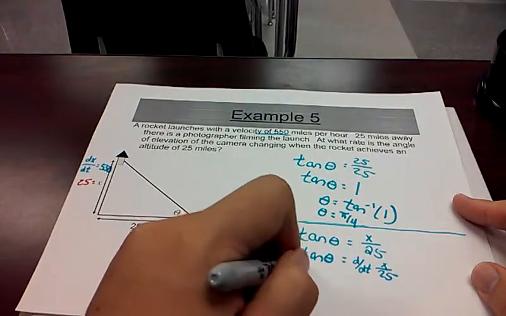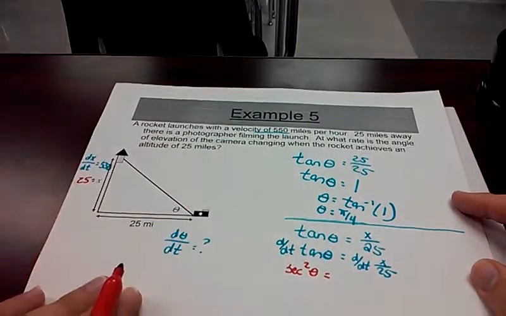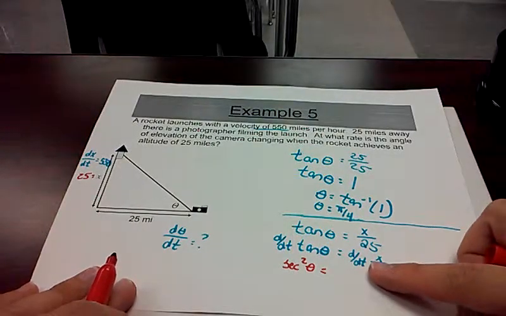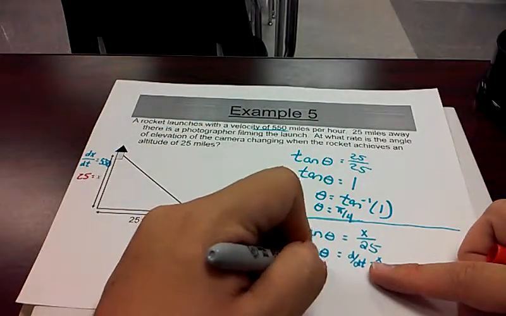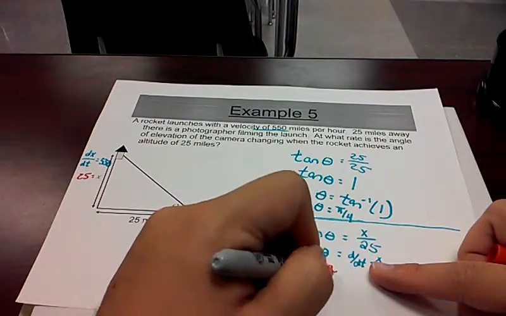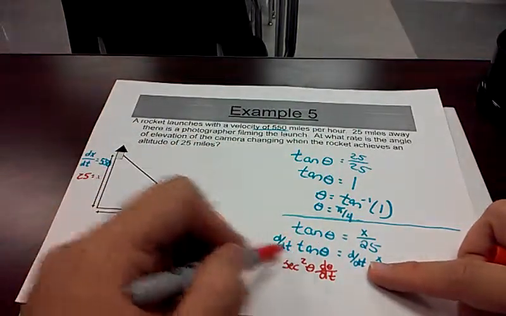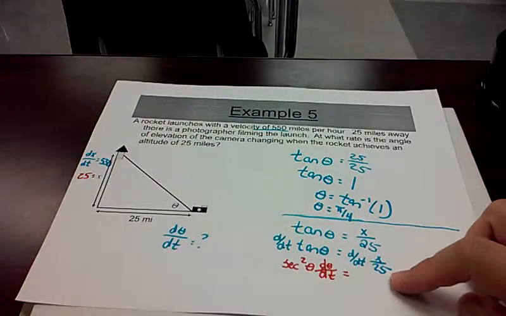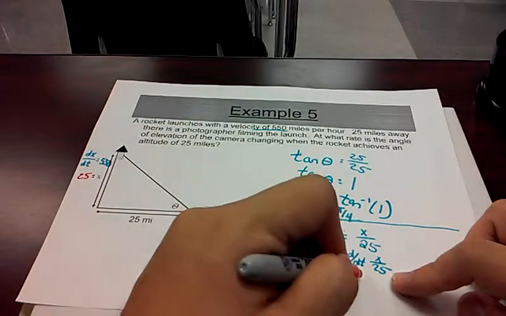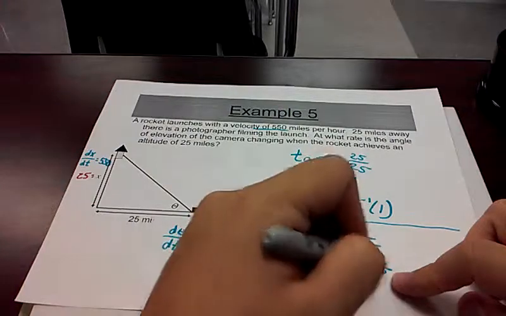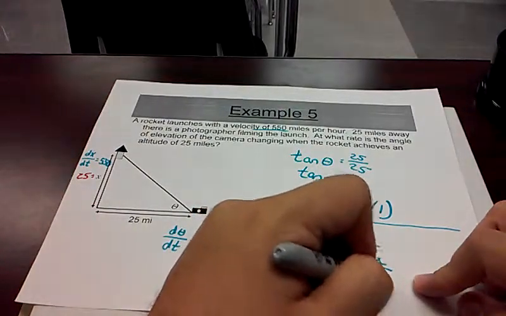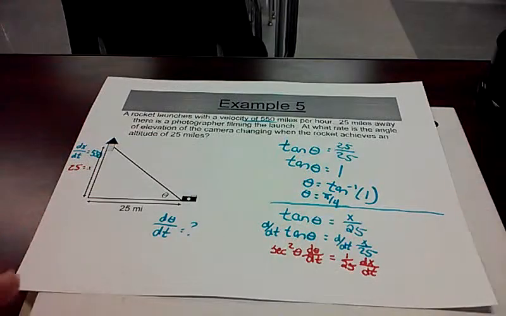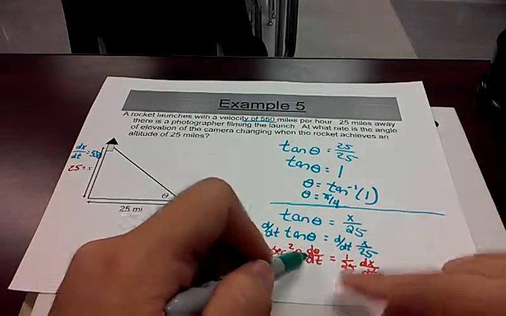So I'm going to have secant squared of theta, and then I'm going to need d theta over dt, right, because the variables didn't match, equals the derivative of x over 25, which would be 1 over 25, but the variables don't match, so that would be dx dt. All right, you're asked to find what's the rate of change of the angle. So I want to solve this for d theta over dt.